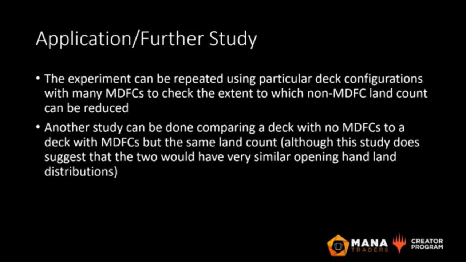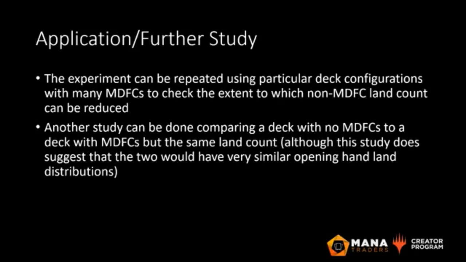Like I said, we only did this for one configuration. If you're just increasing the number of lands, but the number of modal double faced cards is going to be the same, or maybe 4 fewer, then I think that the results would be similar.